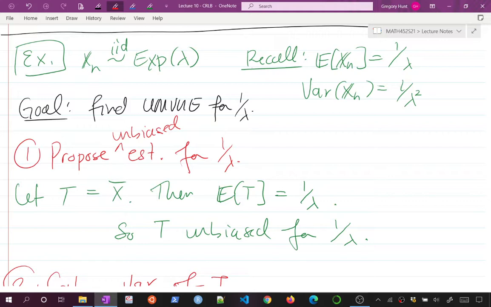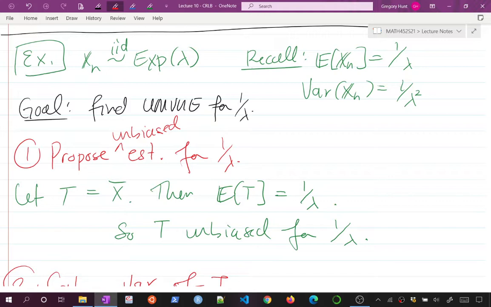I observe some light bulbs, and they take some amount of time to die, so I have n samples of these. This is literally what's done in reliability. When you get a light bulb rated for this many years, this is how they get it. They assume it's exponentially distributed.